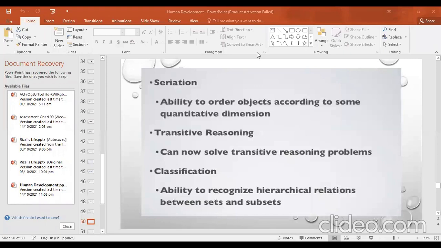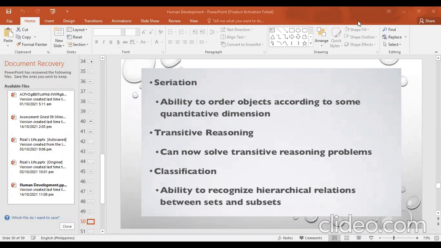So in short, alam na ng bata at this age kung paano i-classify yung bagay-bagay, no? Some examples of seriation yung tinatawag natin formation, yung arrangement, meron tayong tinatawag na orderly sequence, yung positioning, alam mo na kung paano mo ilalagay, or alam na nung bata.